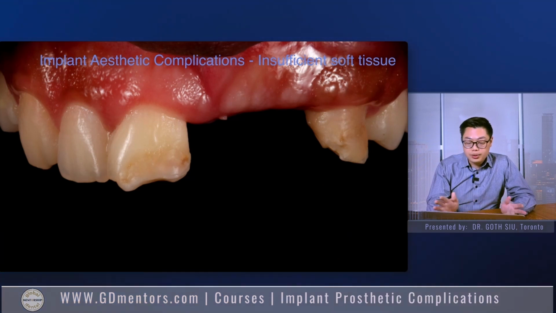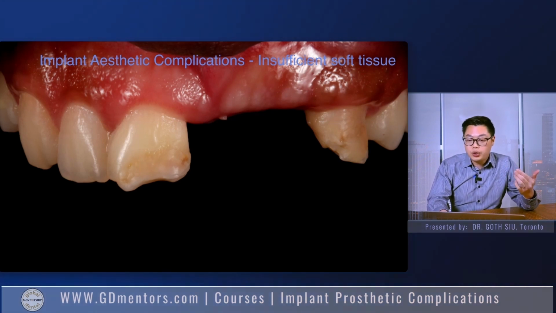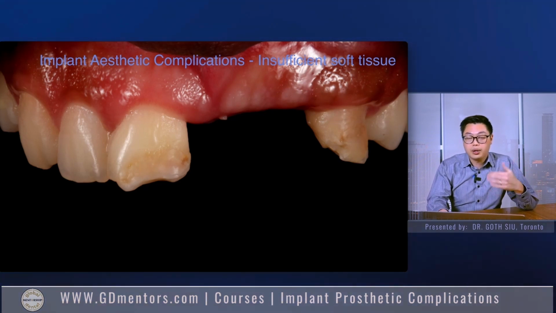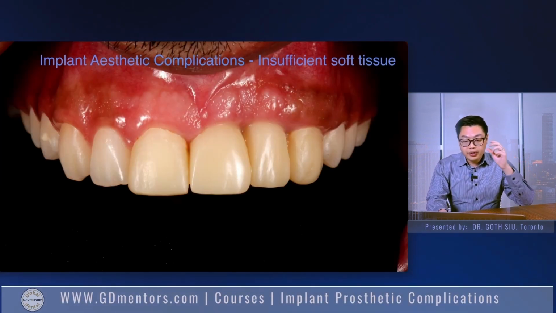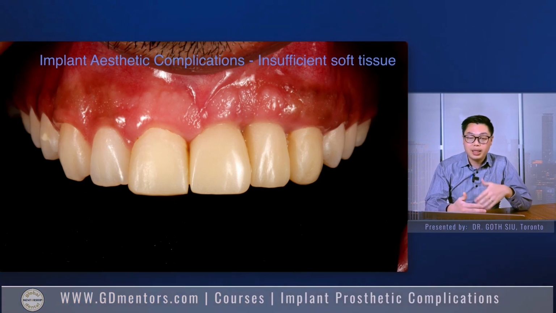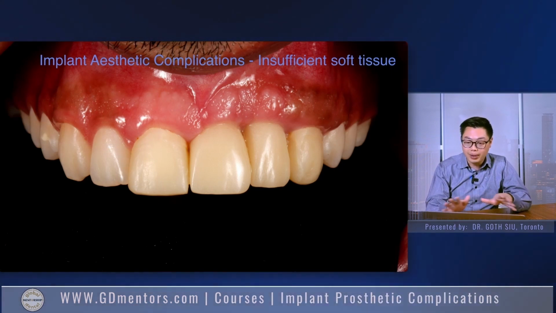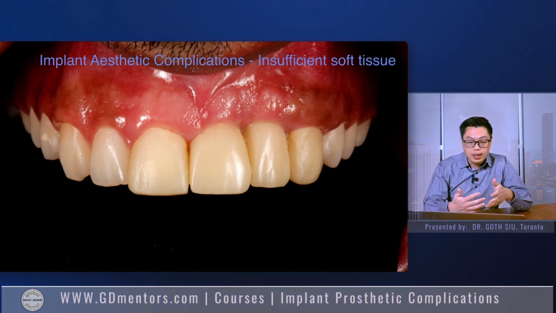So the papilla's gone, and the soft tissue architecture is just flat, okay? Even if we do a provisional to try to tissue train, it's never going to look like the contralateral natural teeth side. So the first thing we do here is see if the patient is going to be okay with purely white ceramic restorations, meaning no pink porcelain, right? And we try to tissue train, as expected.